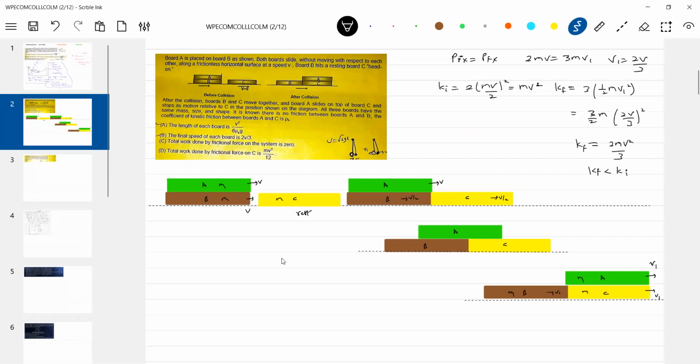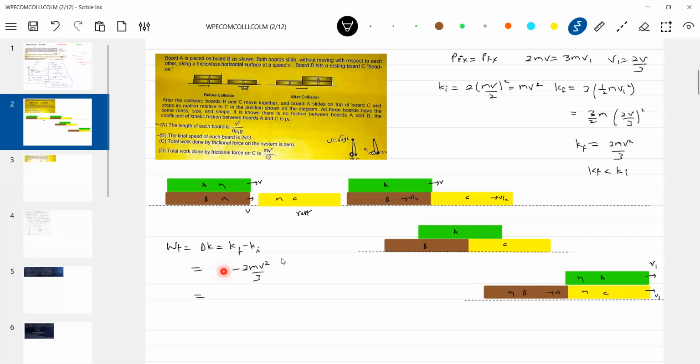Where does this difference in kinetic energy go? It is converted into work done to overcome the friction. So work done by friction equals delta K, Ki minus Kf. This should be mv square minus 2mv square by 3. Or you write Kf minus Ki, so you'll get negative, meaning work was done against it.